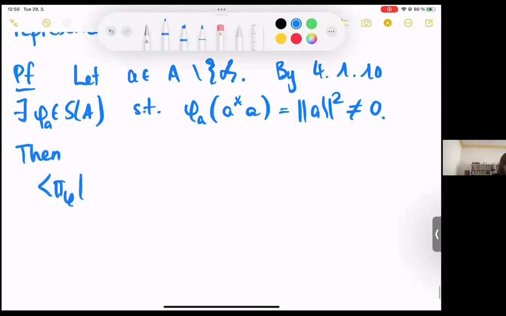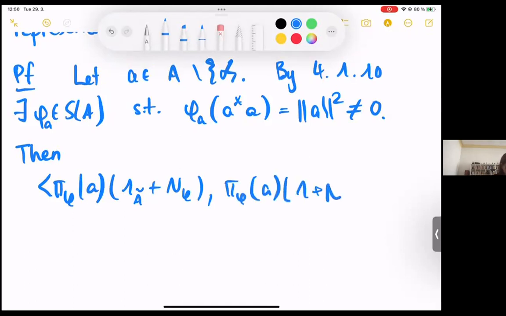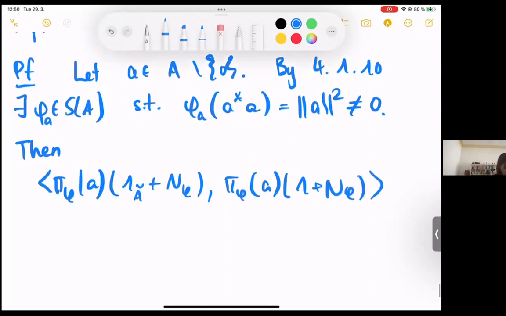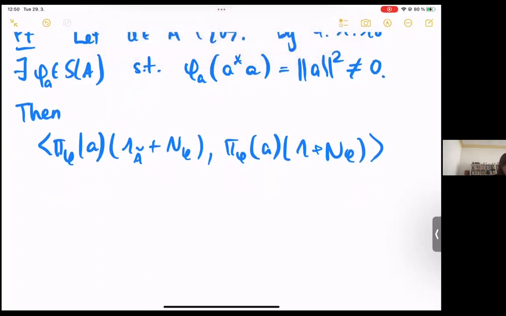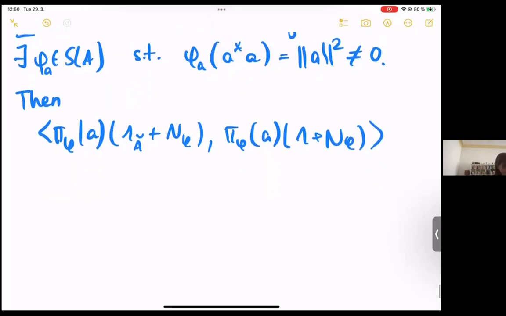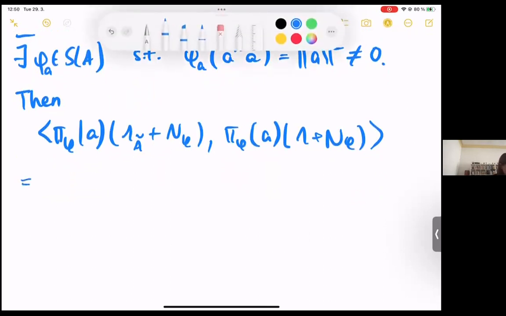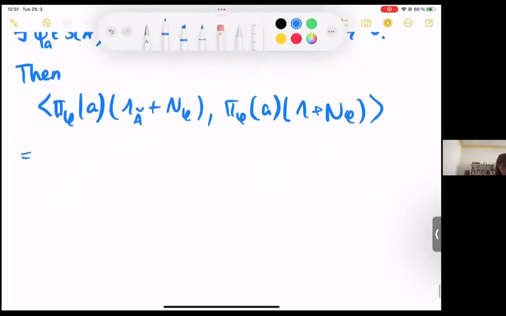And then by definition of our Hilbert space, we can, for example, just take pi phi A of A, hit it on this element 1 A tilde plus n phi, or really any old element will do, but let's be a bit lazy.